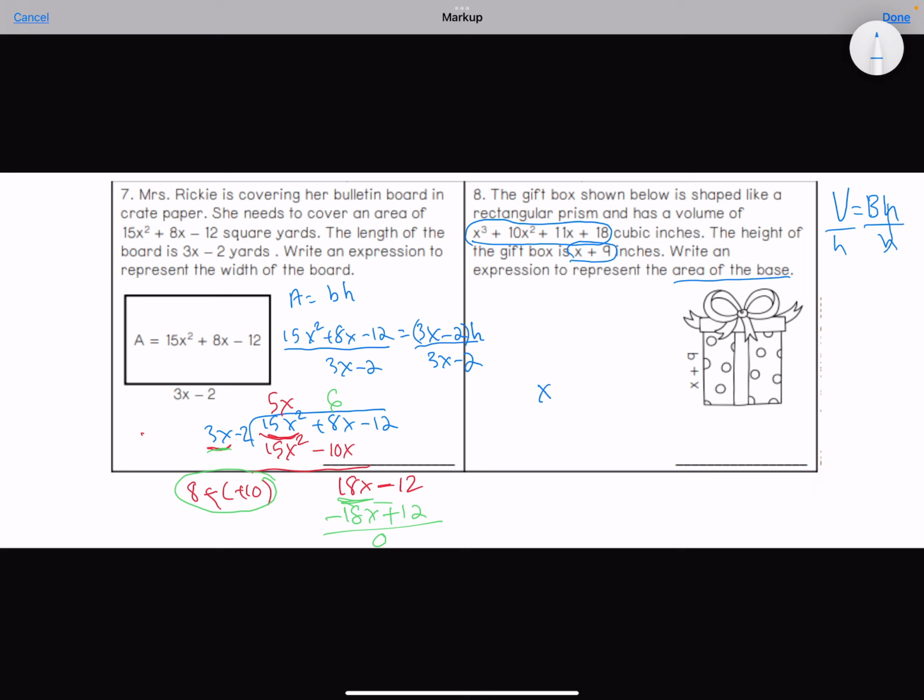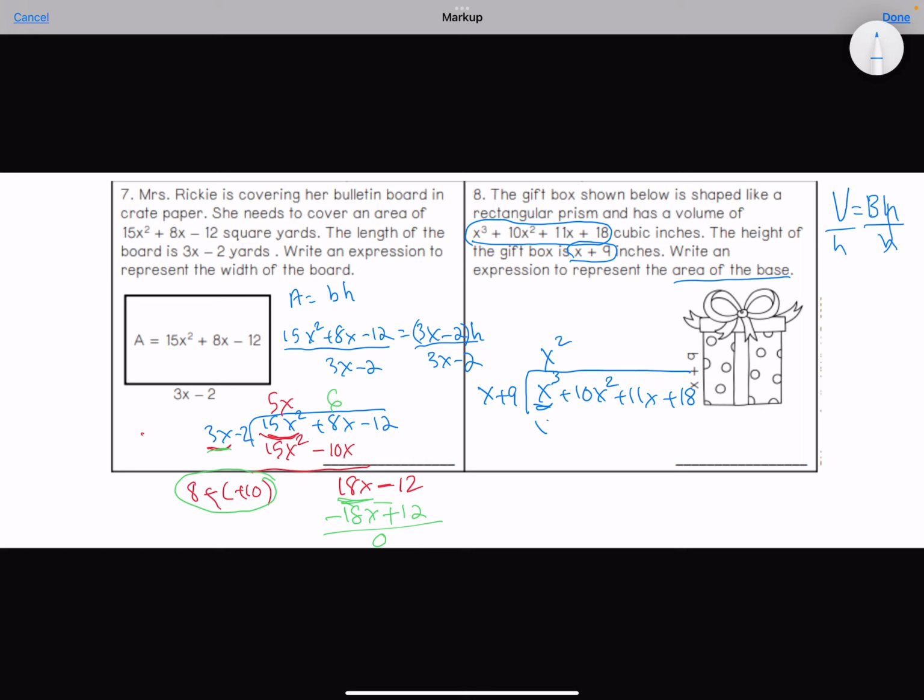So I'm going to have x cubed plus 10x squared plus 11x plus 18 divided by x plus 9. And you start dividing just like we've been doing with the first term. What do I multiply x by to get x cubed? X squared.